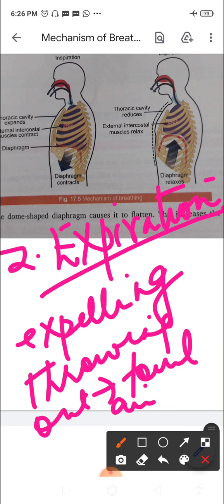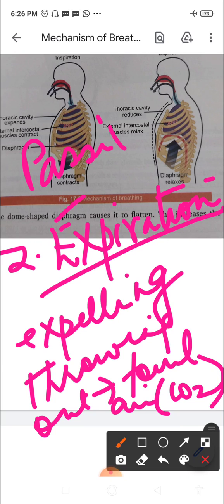What is foul air? Air that is rich in carbon dioxide is foul air. So from where is it expelled? From the lungs to the exterior of the body. And this process is a passive process. So inspiration is an active process and expiration is a passive process.